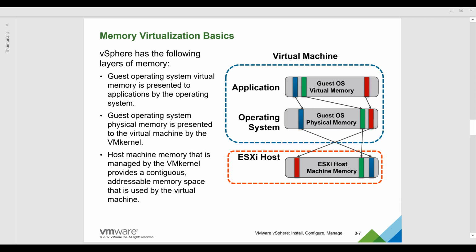So the VM kernel takes from the hardware and says you have this much memory. Host machine memory that is managed by the VM kernel provides a continuous addressable memory space that's used by the virtual machine. So the VM kernel carves out the memory from the host and sets it aside for the guest operating system.